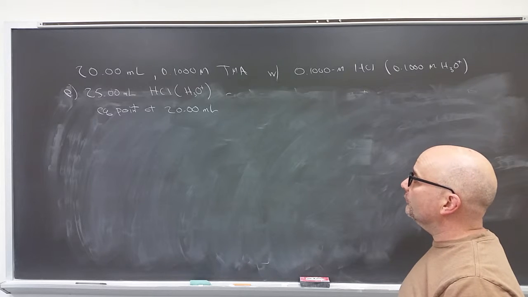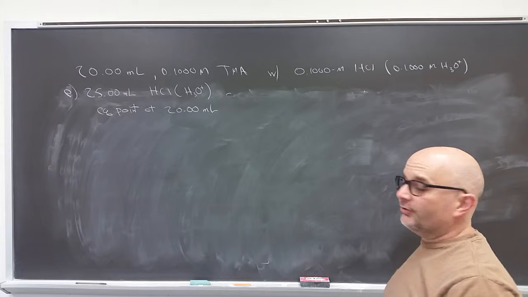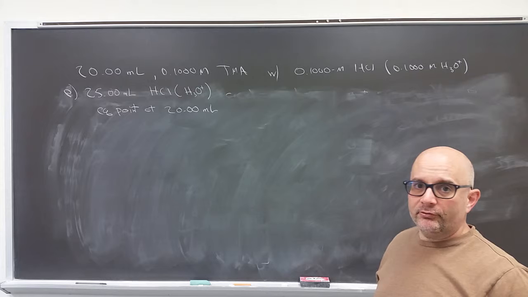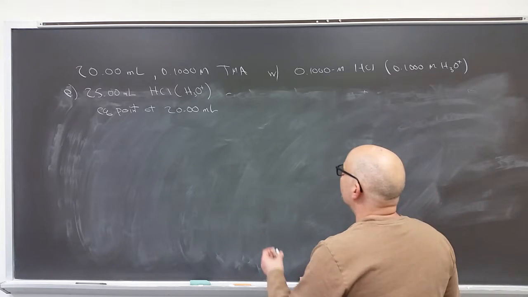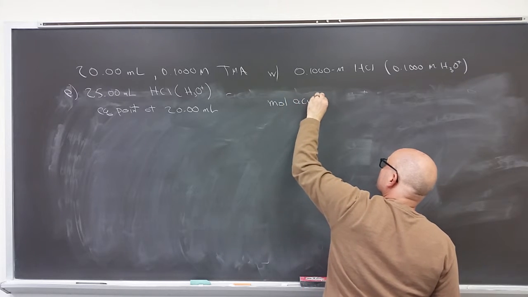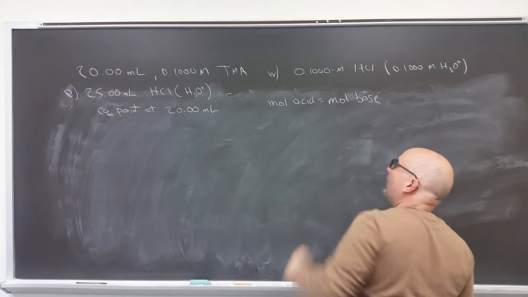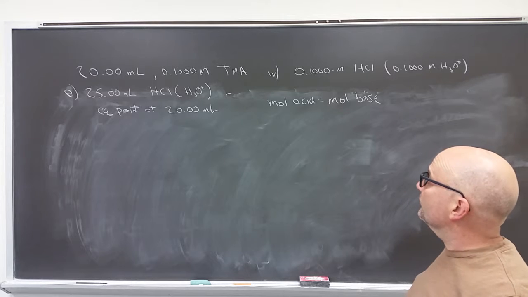So in this case, the solution pH is going to be pretty much dominated by just the excess hydronium that there is. So the way to tackle this is to figure out, first of all, what the excess hydronium is. So remember that at the titration equivalence point, the amount of acid and the amount of base were equivalent.